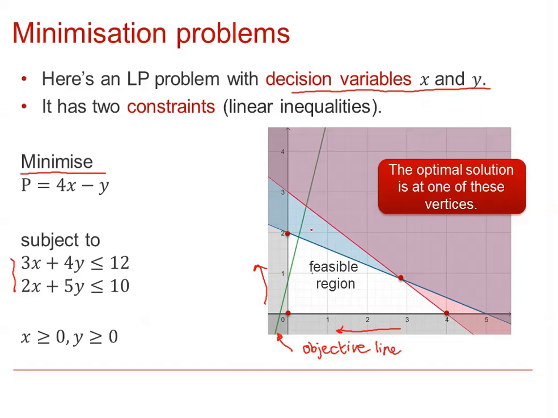And actually, if we tested all these vertices or used our objective line, we would find that this vertex here is the optimal vertex that gives us the minimum value of P, and this value would be -2.